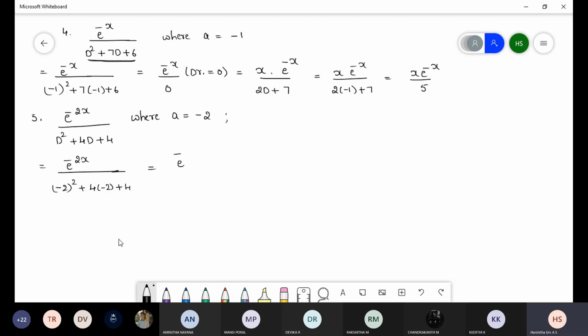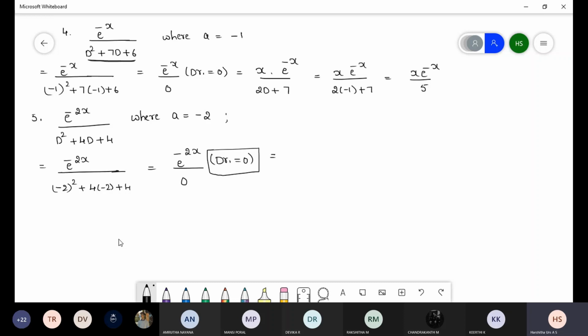So again e power minus 2x divided by 4 plus 4, 8 minus 8, 0. Here the denominator is equal to 0. This we have to write, it's mandatory wherever it becomes 0. This term we have to include in the problem.